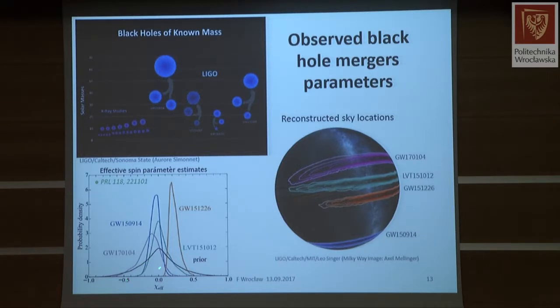So you see that these effective spins tend to be around 0. If this parameter is negative, this means that there's misalignment between the spin and orbital angular momentum. If it is positive, it means there's an alignment, and this is important for the astrophysical origin of these sources.